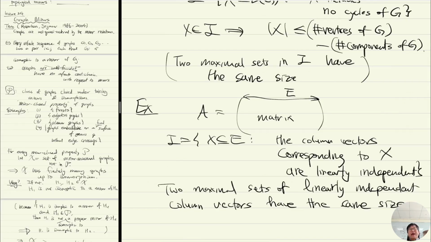So every basis has the same size in the matrix. These two things look quite striking. They share common combinatorial features. So that's how the matroid is motivated. It's a combination of linear algebra and graph theory.